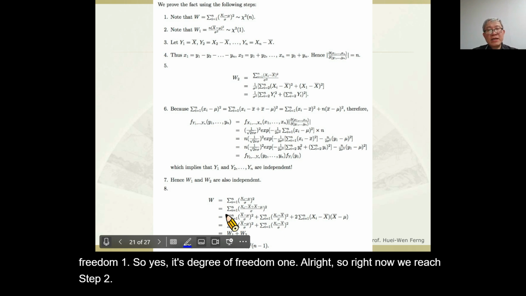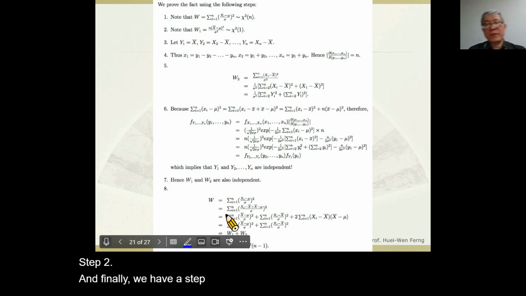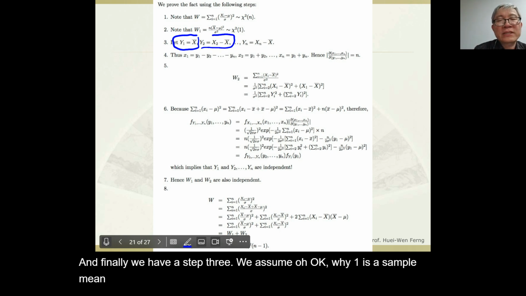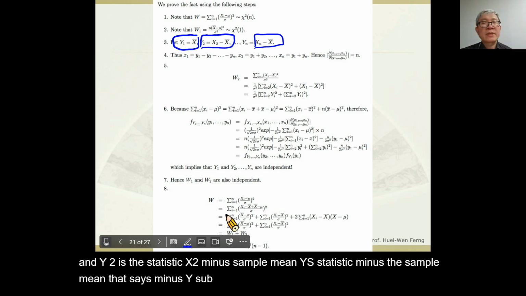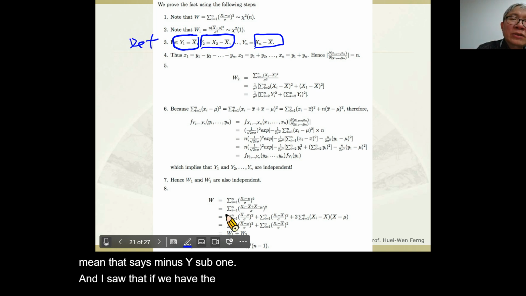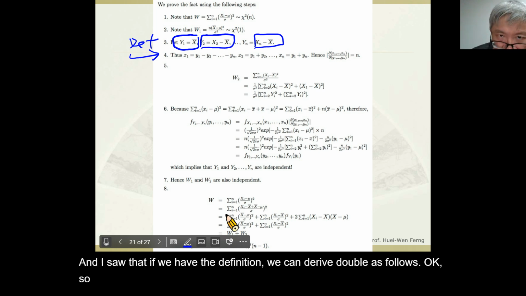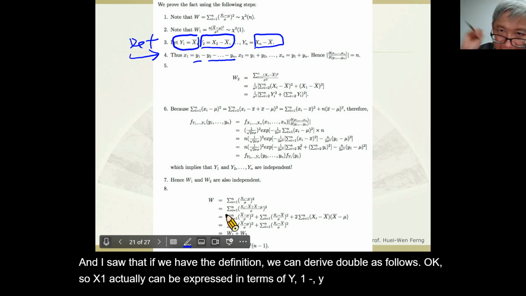And finally, we have step 3. We assume y1 is the sample mean, and y2 is the statistic x2 minus the sample mean, that is, x2 minus y1. Given the definition, we can derive the variables as follows. x1 can be expressed in terms of y1 minus y2 to yn.